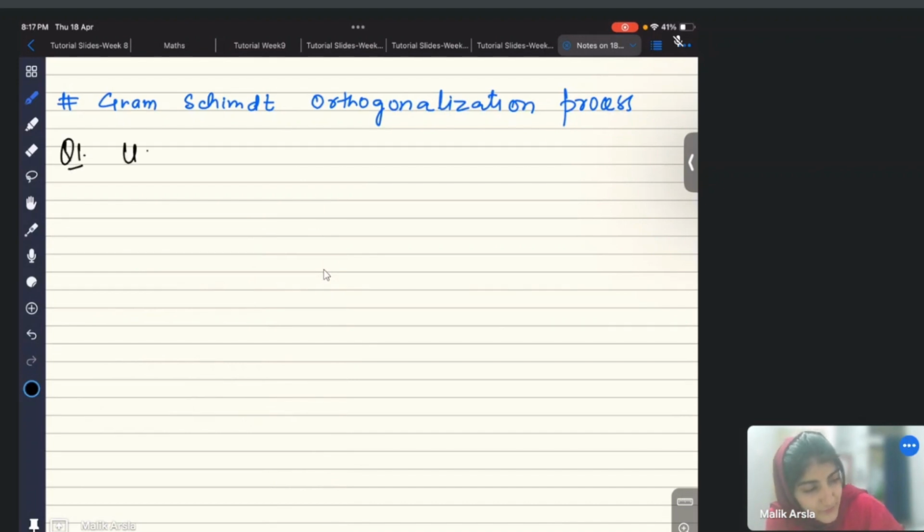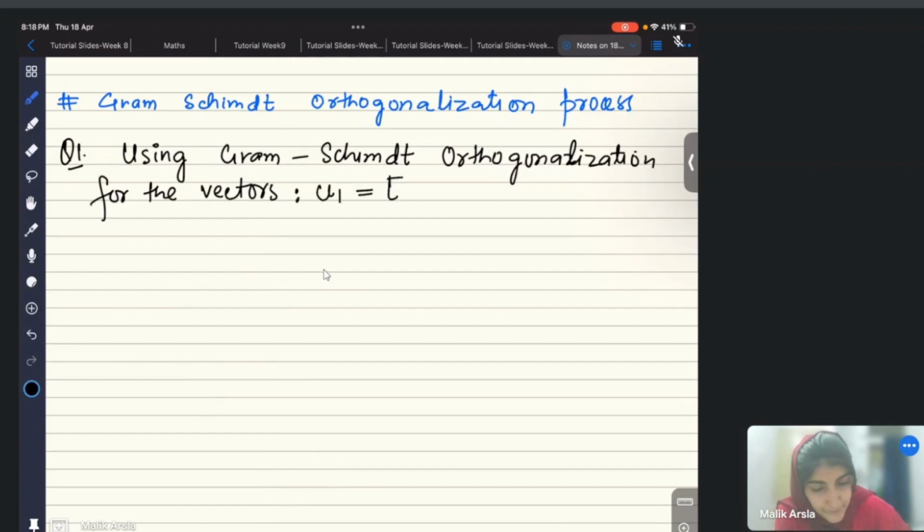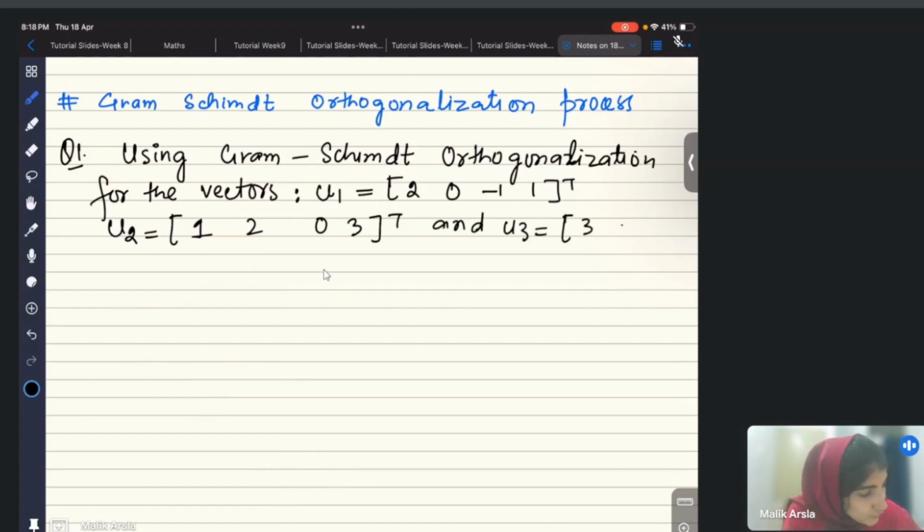The question is, using Gram-Schmidt orthogonalization for the vectors u1 is equal to 2, 0, minus 1, 1, u2 is equal to 1, 2, 0, 3, and u3 is equal to 3, 0, minus 1 and 2.